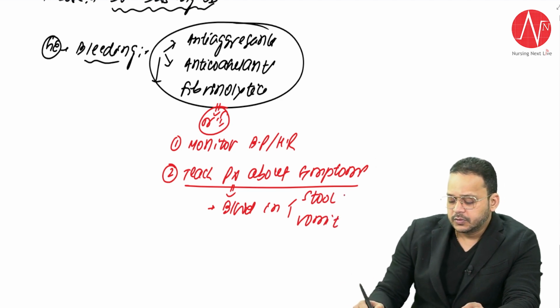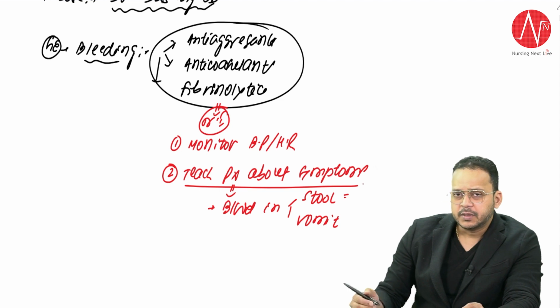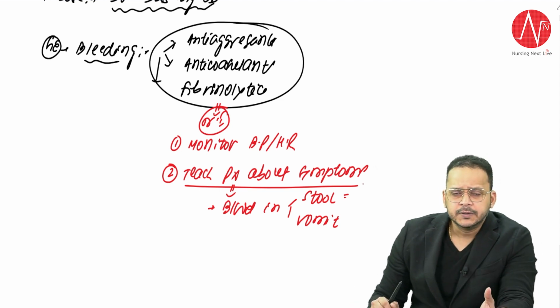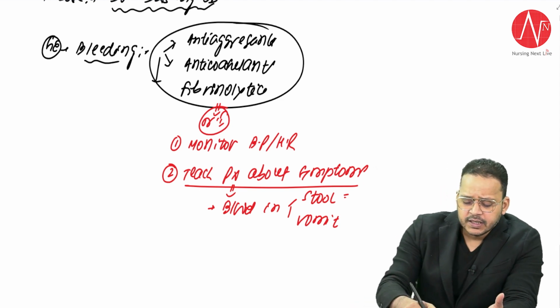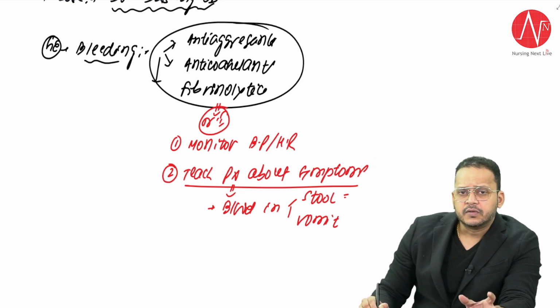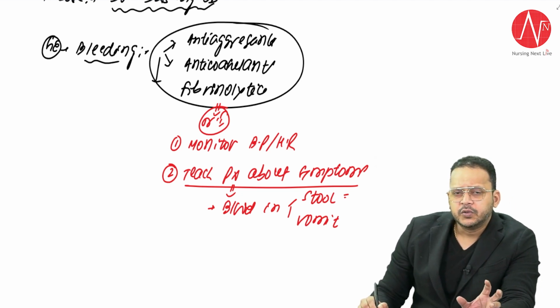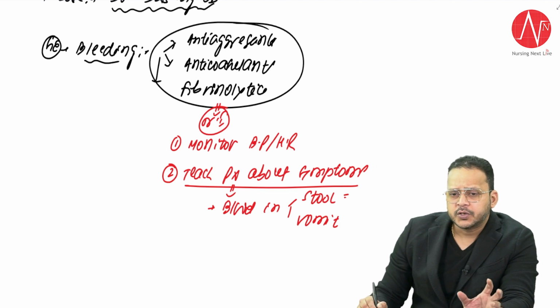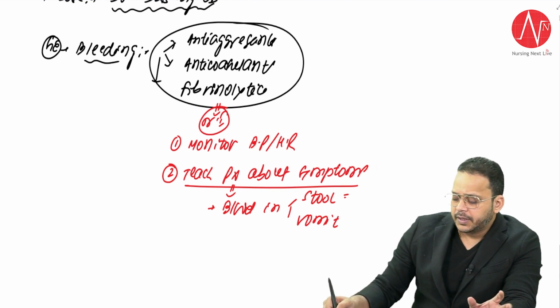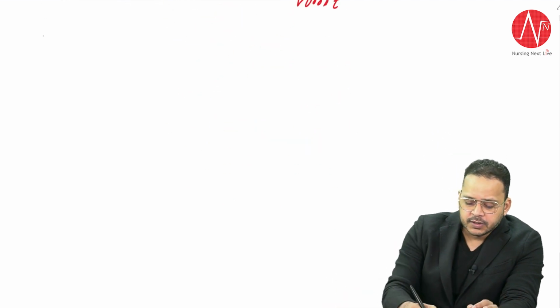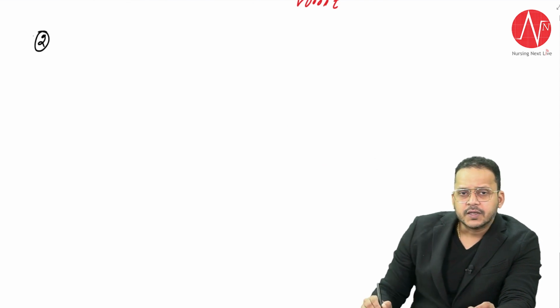So blood in stool means there can be blood in stool or there can be black colored stool. This tells us that the patient is having symptoms of bleeding, right? And you'll ask the patient to immediately report back to you so that you can take care of that bleeding. So guys, this is one class of drug which is aspirin or cyclooxygenase inhibitor, right?